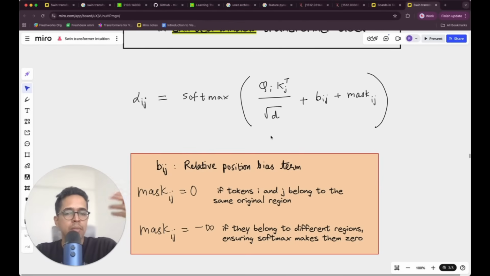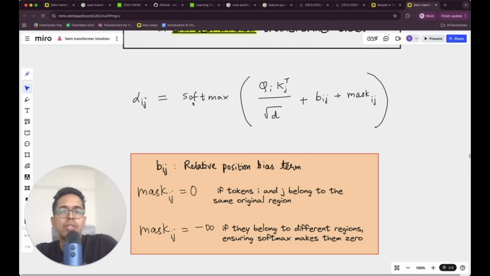Because if they belong to the same window, you can do the calculation just like the regular window. But if they are two tokens trying to attend to each other with two different window IDs, then you should prevent it, right? Then they should pay 0 attention to each other. So the final output alpha ij should be 0.